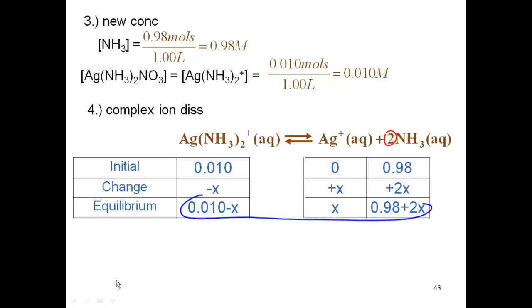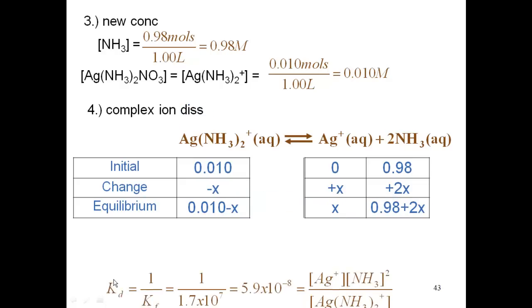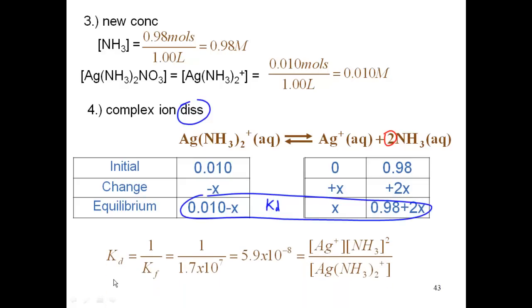Now I got to ask myself, how are these related? The way that we wrote this problem, we did it as a dissociation. That means these are all related through KD. So I'm going to have to change my KF to a KD, which means KD is equal to 1 over KF, which is 1 over 1.7 times 10 to the 7th, which is 5.9 times 10 to the negative 8, equal to my concentration of silver times my ammonia concentration squared divided by my diamine silver complex.